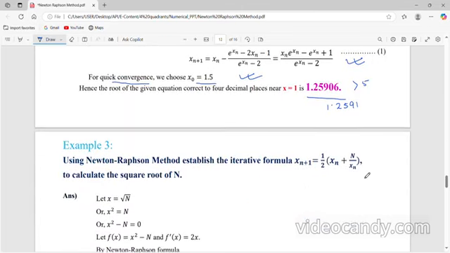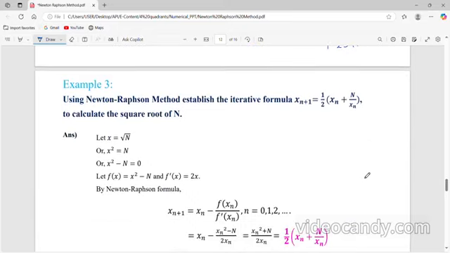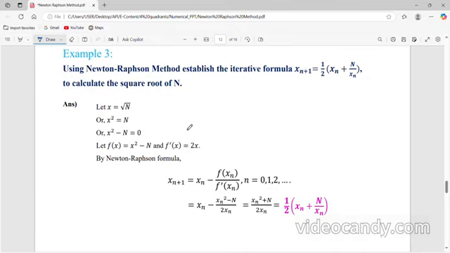Next is: using the Newton-Raphson method formula, establish the iterative formula xn plus 1 equal to half of xn plus capital N by xn to calculate the square root of N. Okay, so here the function is not given, so you will develop the function yourself.